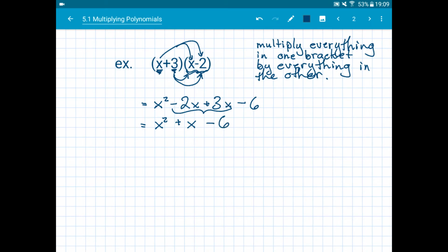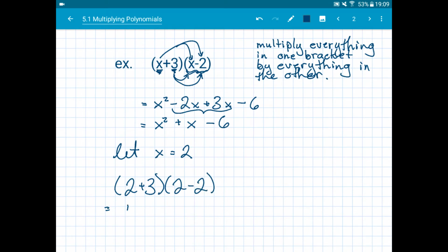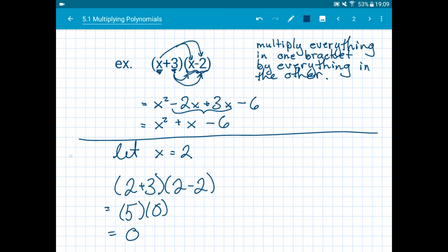Now let's just think about if this gives us something equal. We can try to prove it if we wanted to, but rather than prove it, why don't we just see if it suggests that it's true? Let's just plug in a value for x. So let's let x be, I don't know, 2. So if we look at our bracket now, 2 plus 3 times 2 minus 2 is going to equal 5 times 0, which is 0. And remember, this is just a check. We already have our answer.